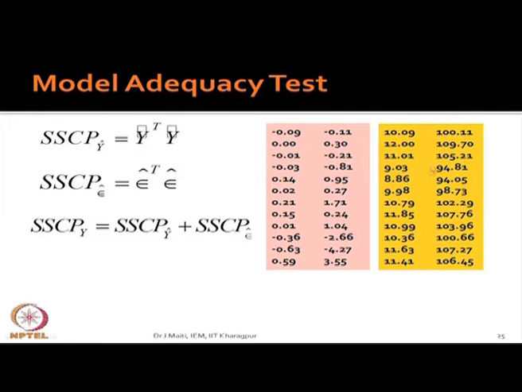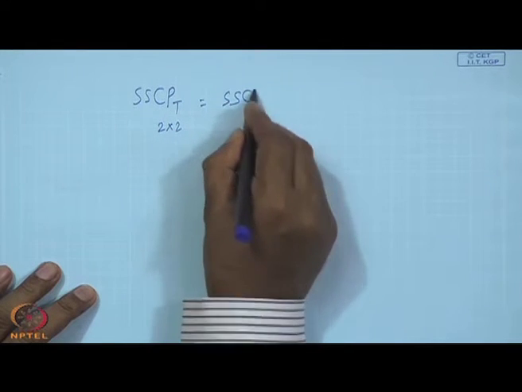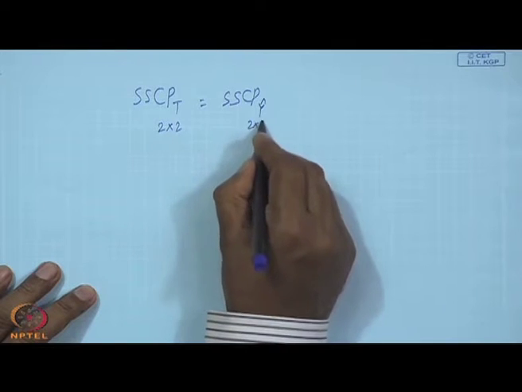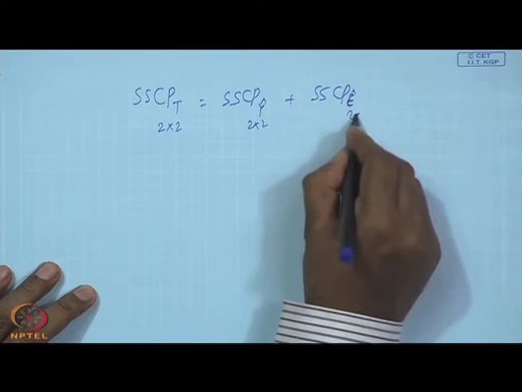So, repeat this: fitted values will be used to find out SSCP y cap. This will be used to find out SSCP epsilon cap, and already y values are there, but you can check also using this formulation. Okay. So, in this example, SSCP total, that will be 2 cross 2, equal to SSCP y cap, that will be 2 cross 2, plus SSCP epsilon cap, that will be 2 cross 2.